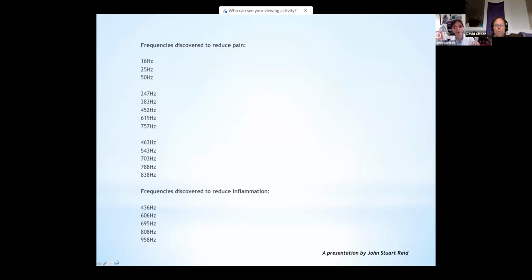Just a quick notice that some of them are in the very low frequency areas, such as 16, 25, and 50. Some of these relate to the cat's purr, where the low frequency sounds of a cat's purr were discovered to be healing. Some scientists recognized that a cat purrs when it is damaged, when it's been hit by a car or whatever.